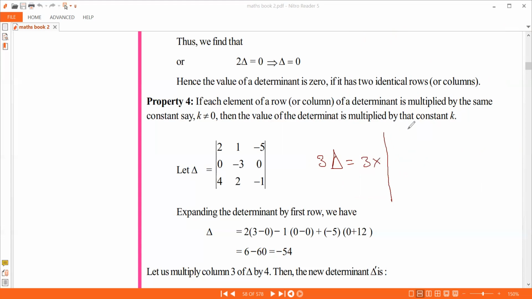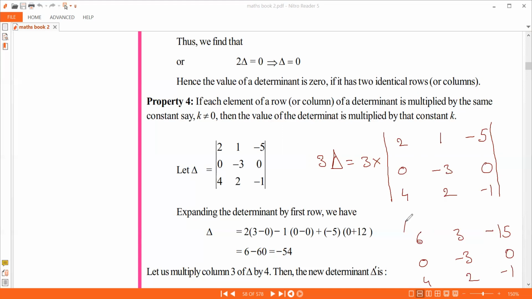That is 3 into this determinant. You choose anything you like: 6, 3, minus 15. The rest of the things stay as they are: 0, minus 3, 0; 4, 2, minus 1. You don't have to change anything.